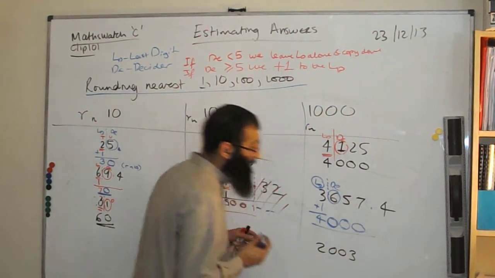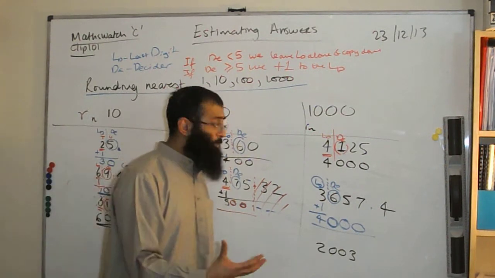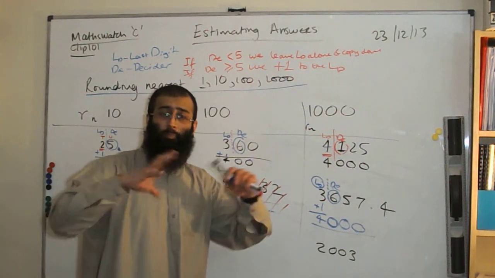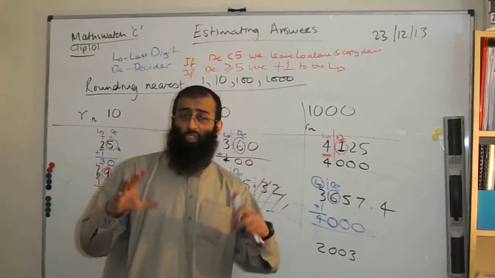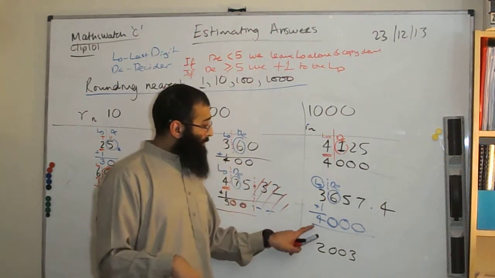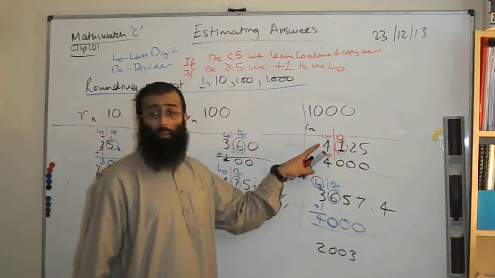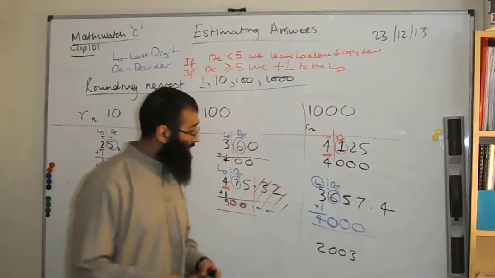So that gives us an answer of 4,000. So 3,657.4 rounds up to a nice big number. I call these chunky numbers because they're nice numbers to deal with. I'd rather deal with 4,000 than deal with that. It's a nice number to deal with in calculations.